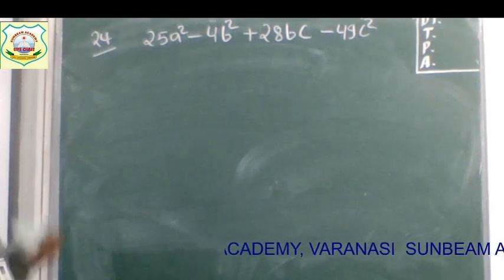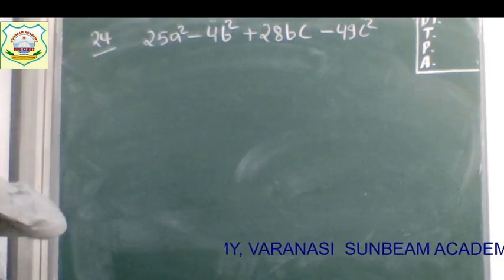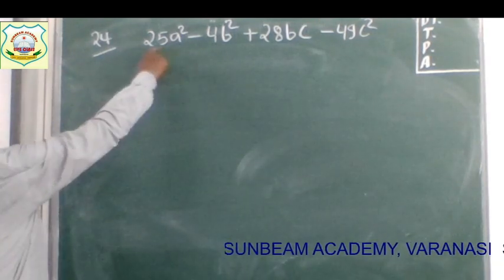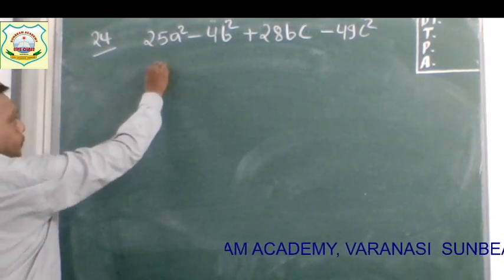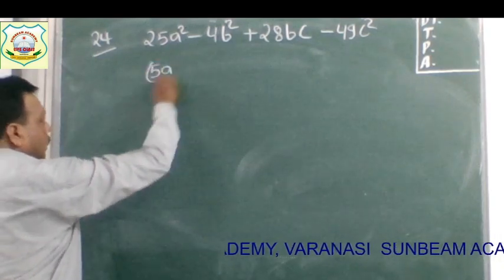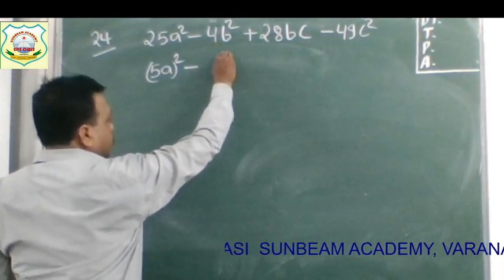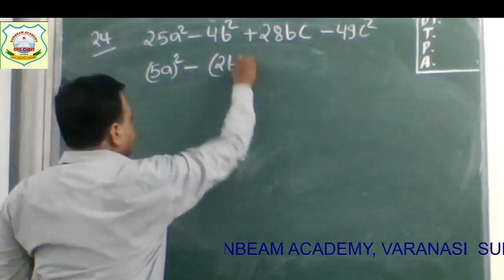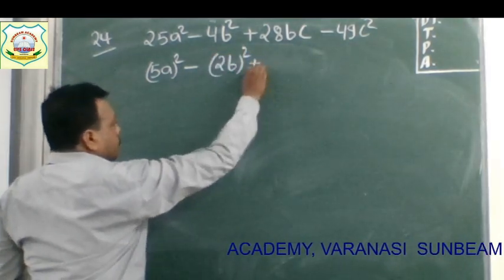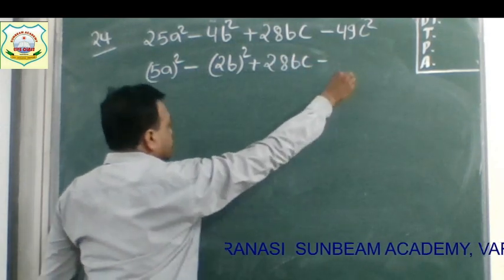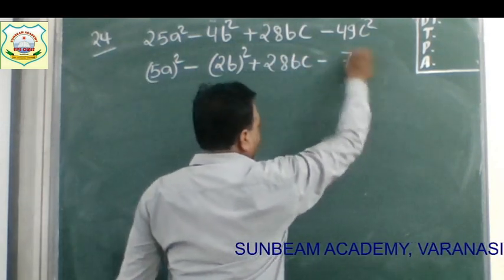So, there are three terms in square form. First of all, we will do the square form. 25a square, 25 is the square of 5, so 5a whole square, minus 4b square, 4 is the square of 2, so 2b whole square, plus 28bc minus 49c square, that means 7c whole square.